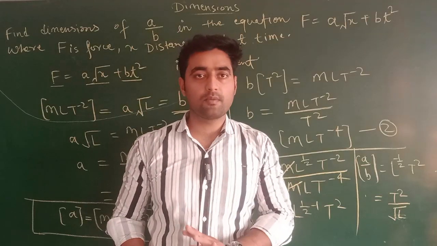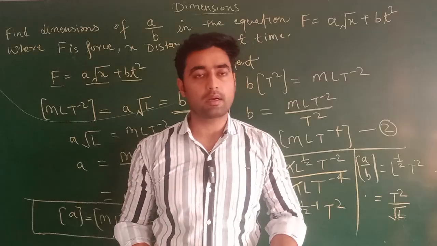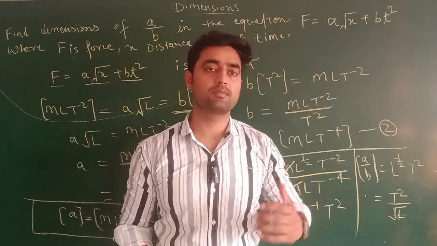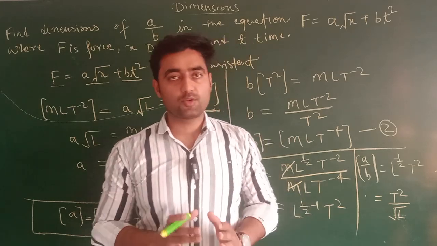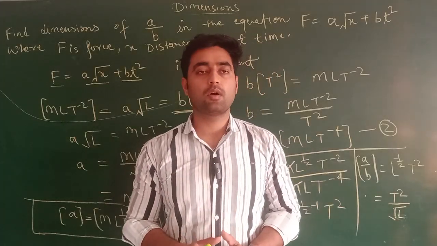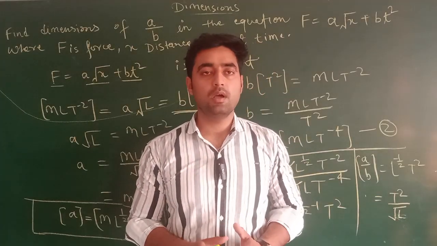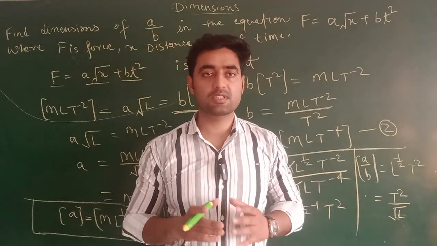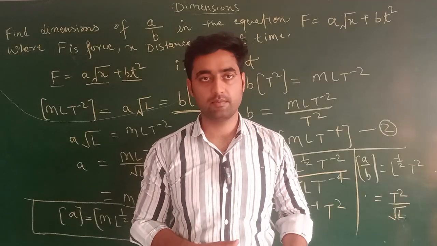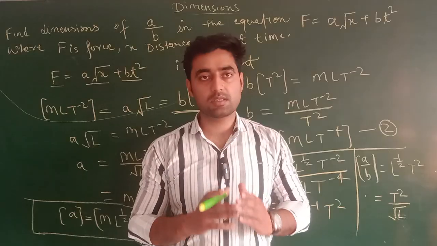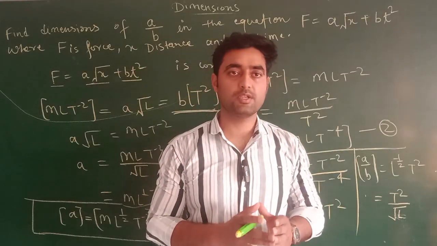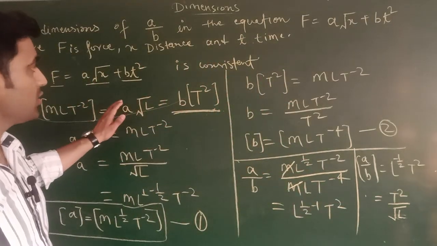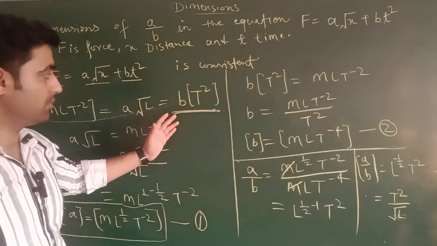Otherwise, if any of the terms contains a different dimensional formula from the rest of the terms, then the given equation will not be consistent. Actually, whether any equation is correct or incorrect is based on the fact that all the terms should have the same dimensional expression. Only the terms having the same dimensional expression can be added or subtracted. So that's why the consistency of an equation is based on the principle of homogeneity. And we saw how to check the consistency of the equation in two or three questions.